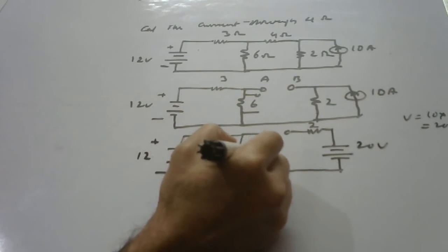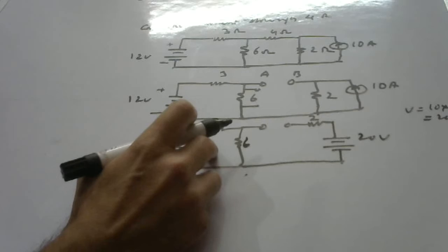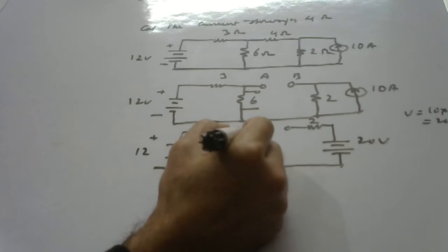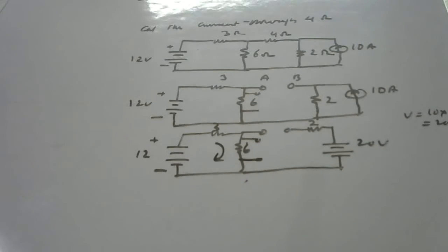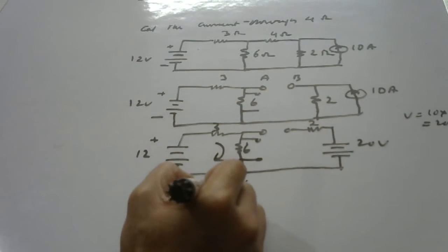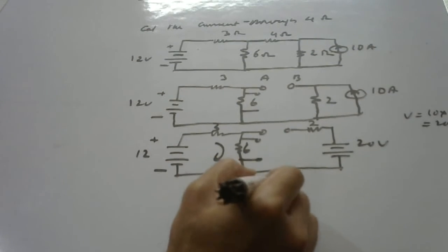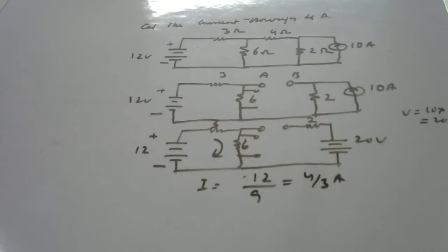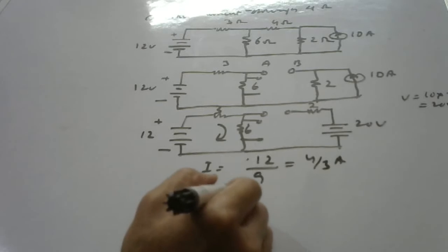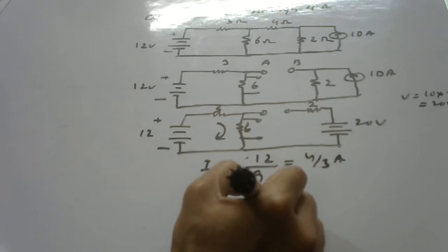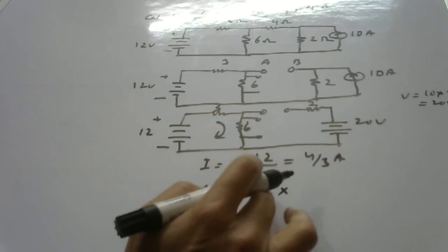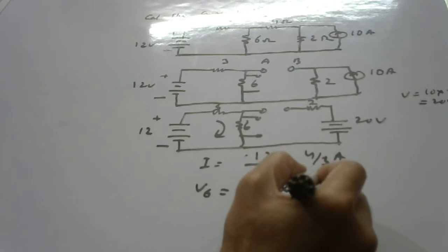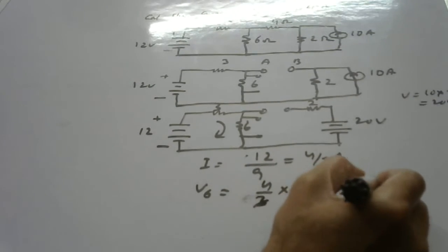Here positive, this is negative, 12 volt, 3 ohm, 6 ohm. We use the Kirchhoff voltage law to find the voltage across the 6 ohm resistor first. I equal to 12 divided by 9, this is 4 by 3 ampere. Now V across 6 ohm is equal to 4 by 3 into 6, current into resistance, this is 8 volt.